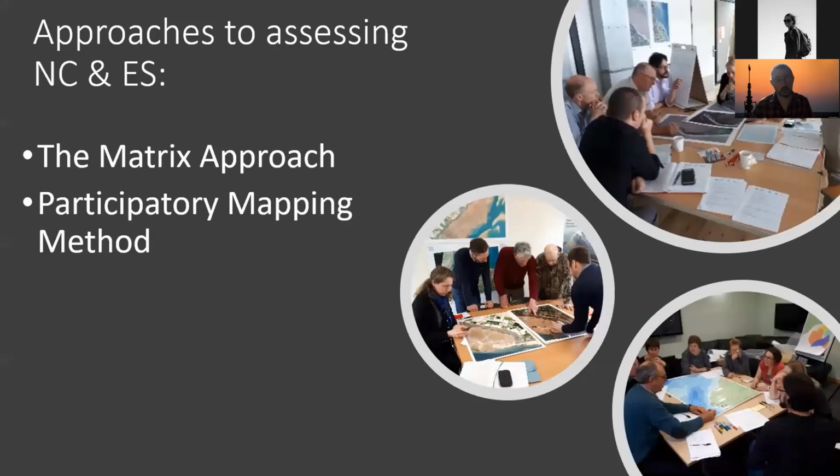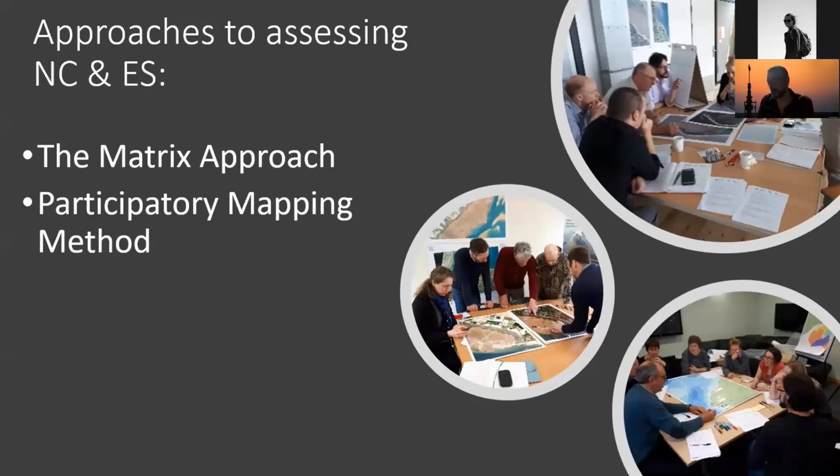So today I want to really talk about two approaches that we have developed over time, really over the past 5 to 6 years. The first one is what we call the matrix approach, and the second approach is called the participatory mapping method.